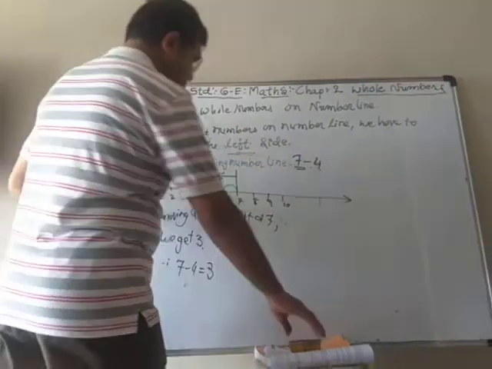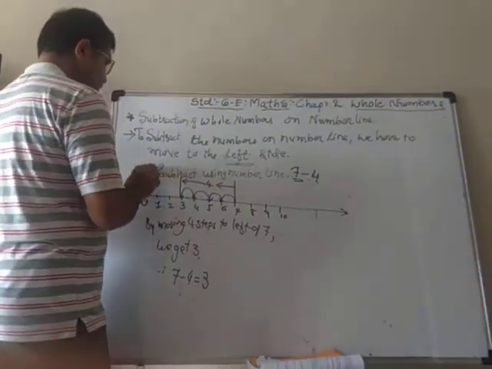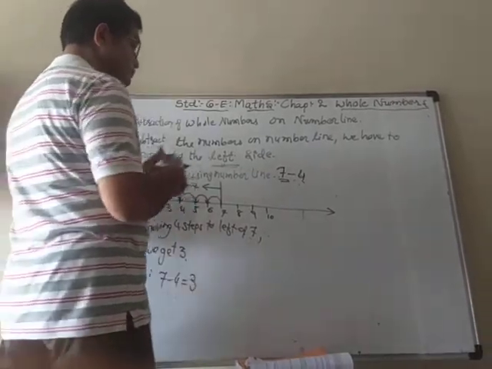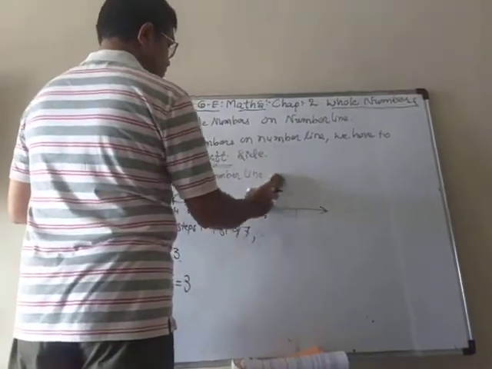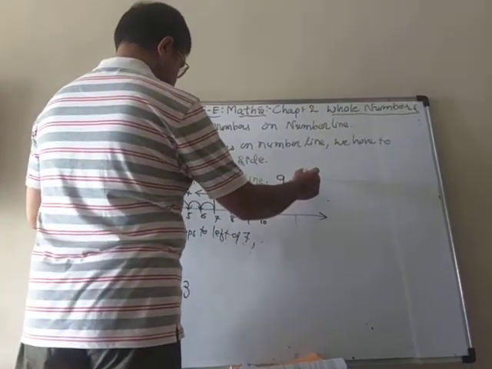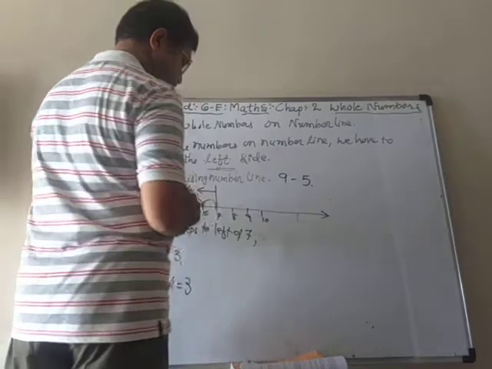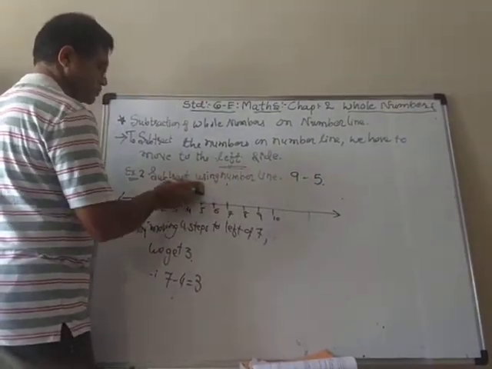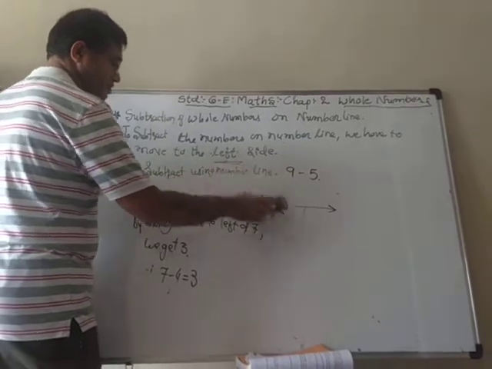Let's take another example. Example number 2, subtract using number line. Like 9 minus 5. You can do it here only.